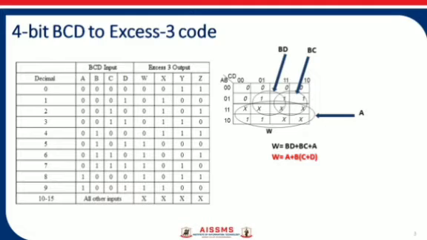Whenever we do a grouping, we have to think about the maximum grouping of ones. So first we start with 2 raised to 3, that means 8. Are 8 ones available here? No, so a grouping of 8 ones is not possible. Then 2 raised to 2, 4 ones are available, yes.